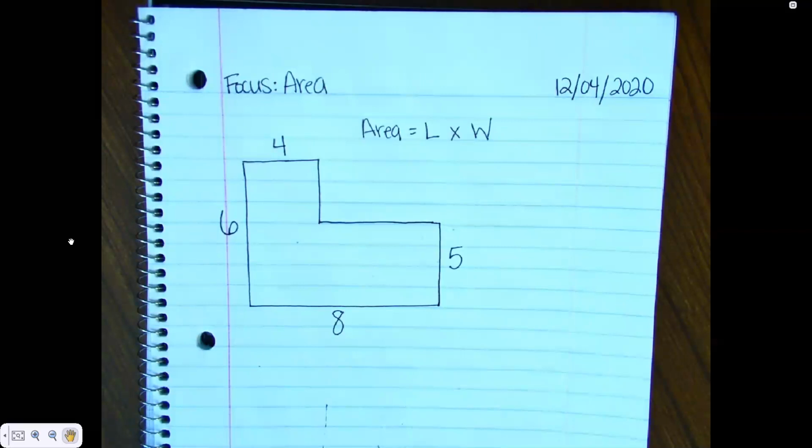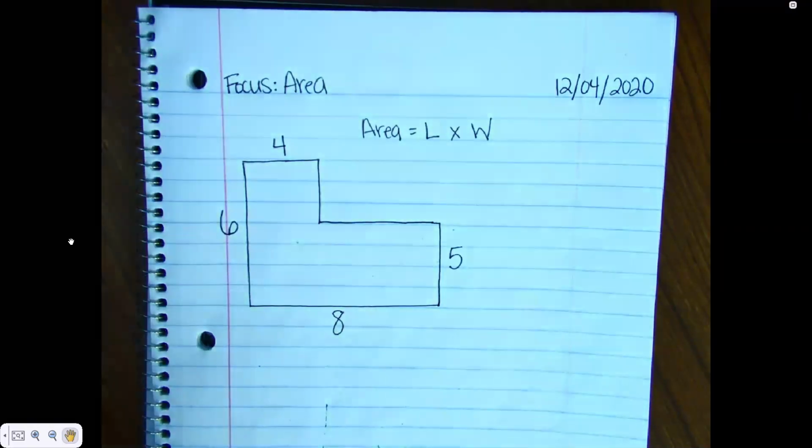I've given you the numbers and I've drawn the figure. Oh, thank you to my friends that are working super hard solving this.